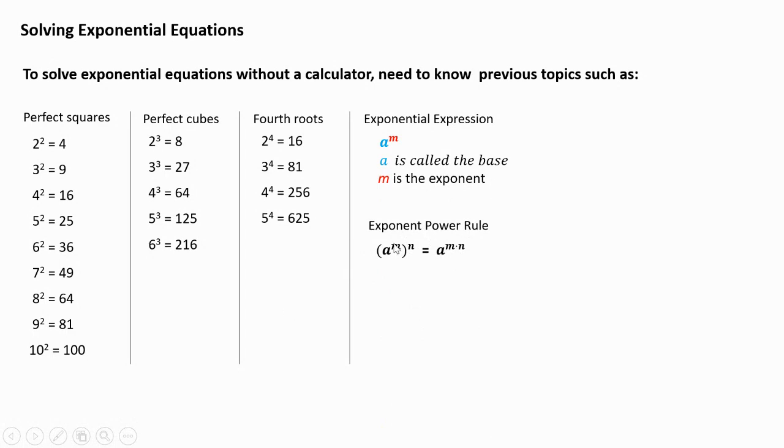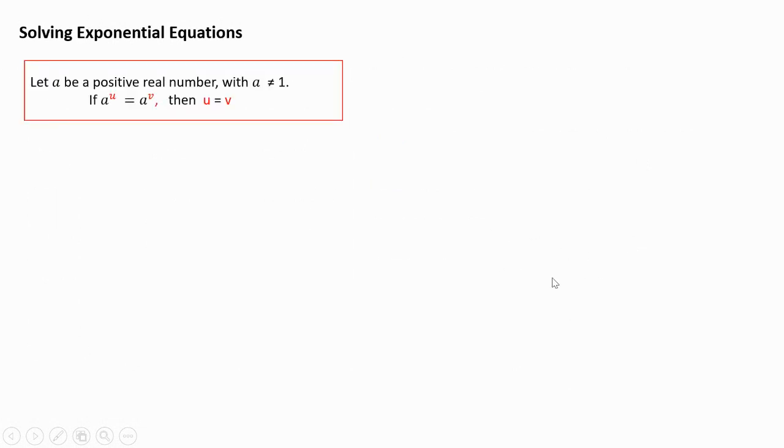You see here we have a to the m to the nth power. We multiply the powers. So that's also crucial for solving exponential equations. And finally, you need to know how to solve one-variable equations. Just simple ones, you need to know how to solve something like this, to be able to understand how to solve exponential equations.